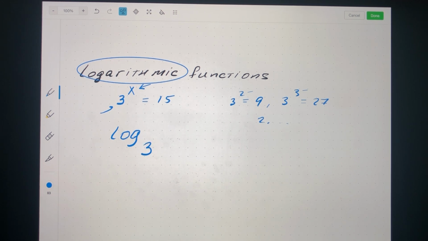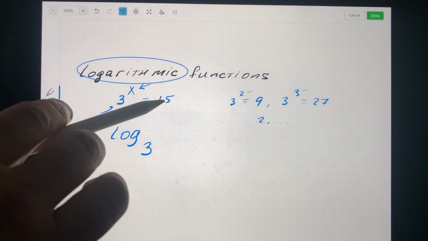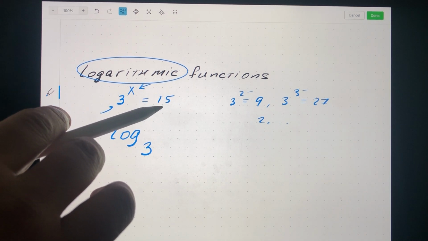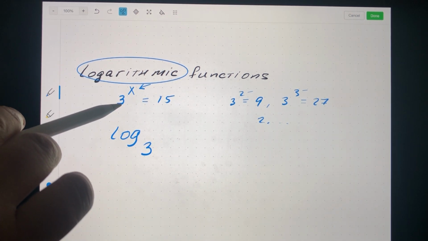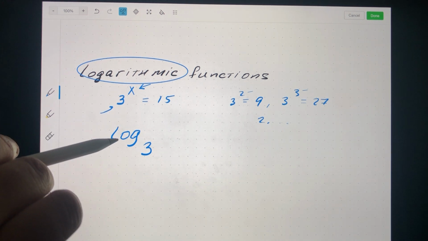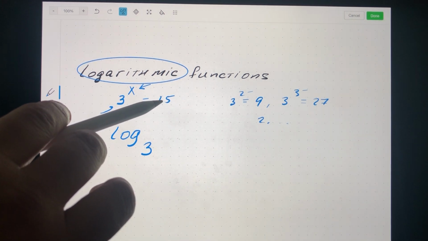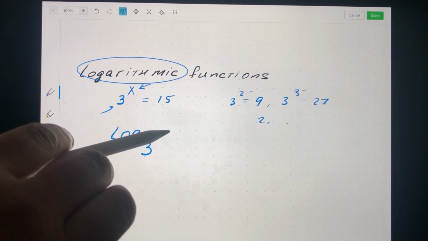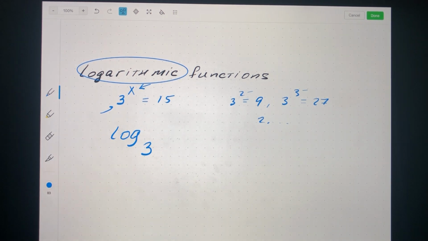And because the logarithms are the inverse of the exponential, the input and the output switch places. So right now we have 3 with the x. With the logs, 3 is going to get 15, and the x is going to be on the other side of the equal sign. So this would be log base 3 of 15 is equal to x.